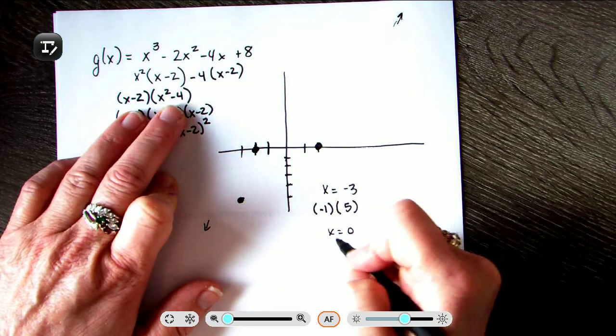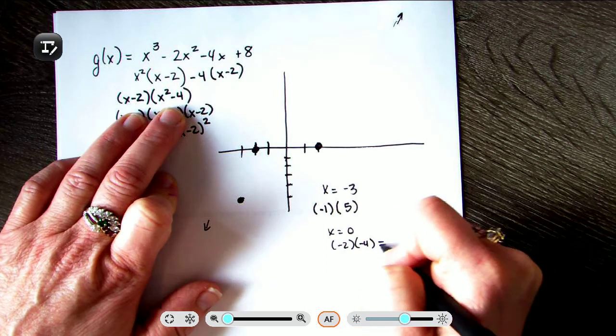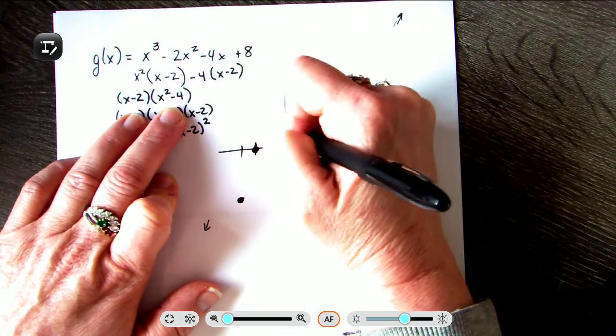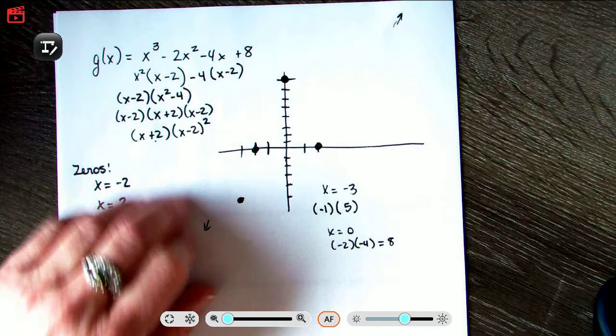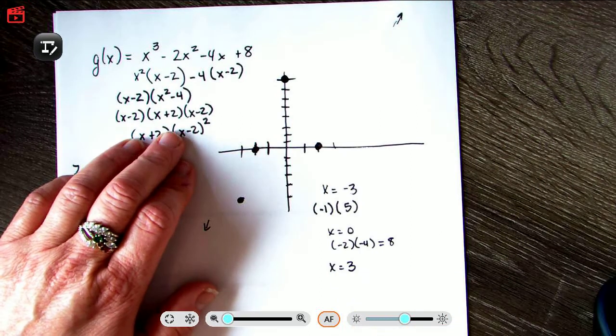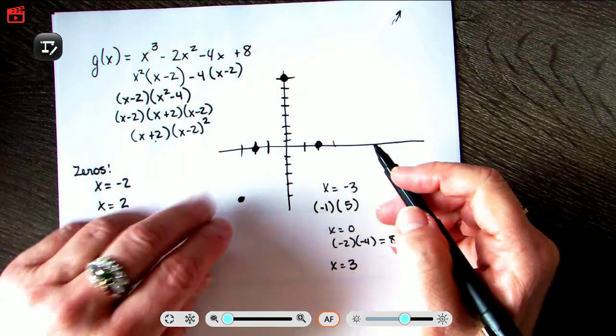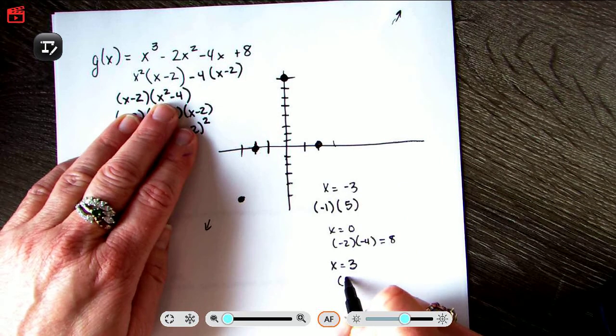So substituting 0 in there, I get negative 2 times a negative 4, which is 8. So I'll get a dot up there. And I need a value out here, so let's try x equaling 3. Substituting 3 in here, we see that it's 1.